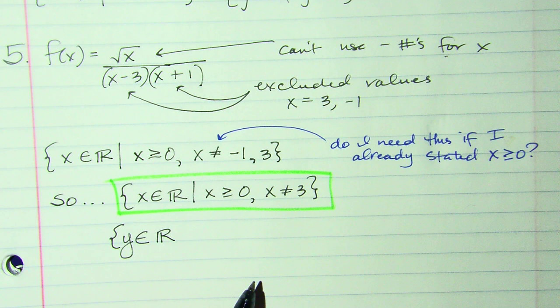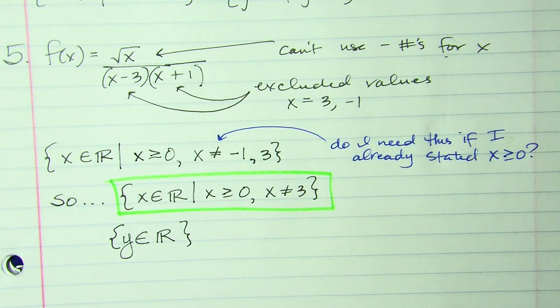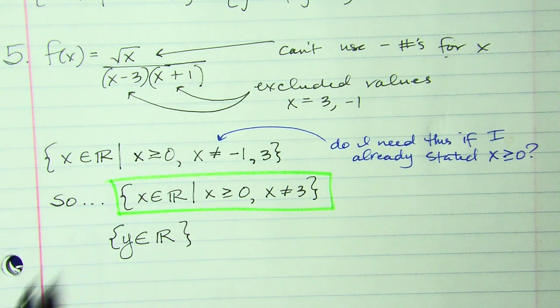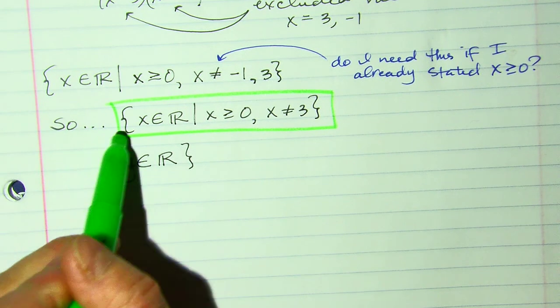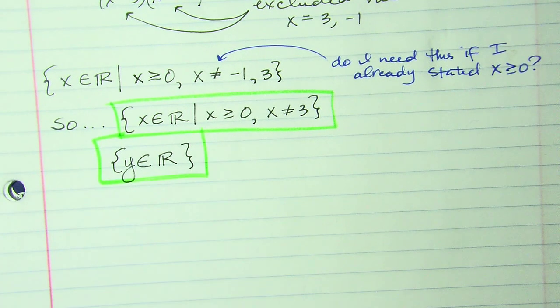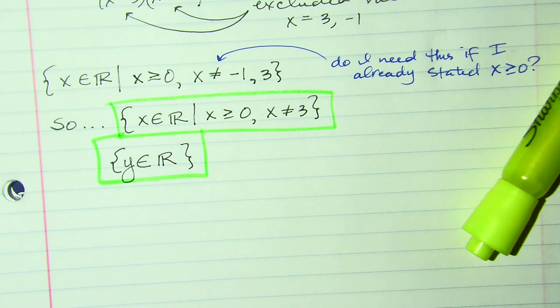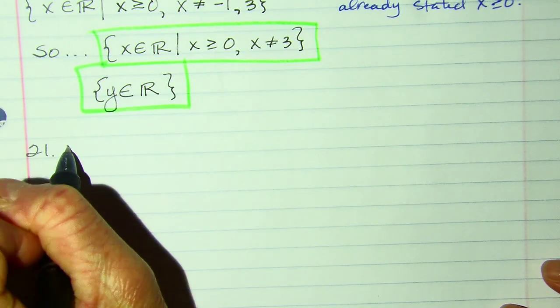For this one, y can be anything because I can be more than 0 because I'm then going to be dividing it by something. So y would just be all real numbers. So use this for your homework. Use these examples. There is another part to this video, and so I'll do that part real quick.